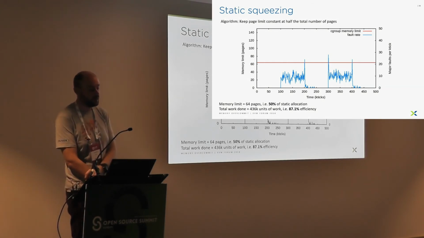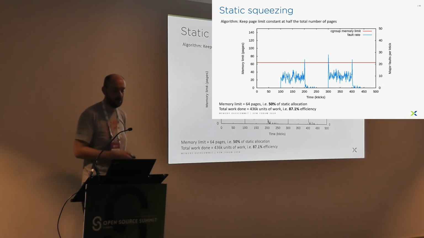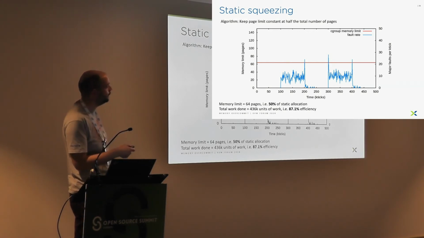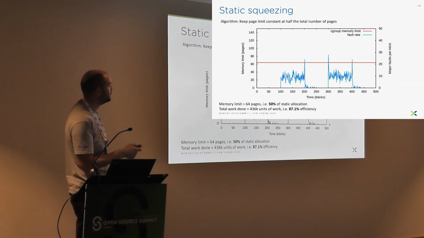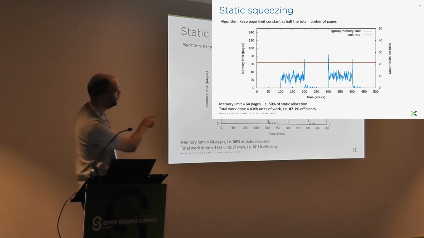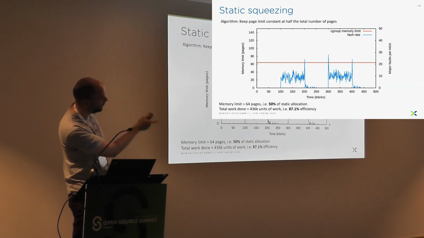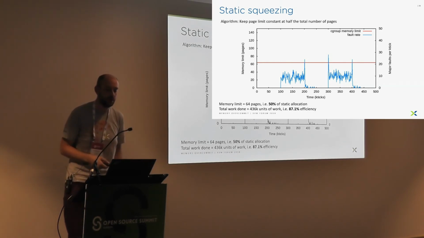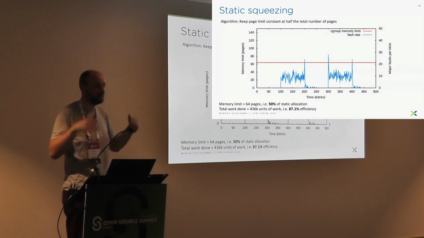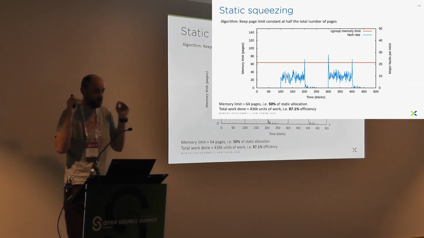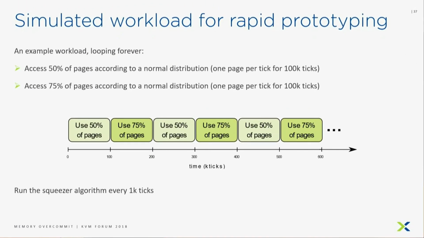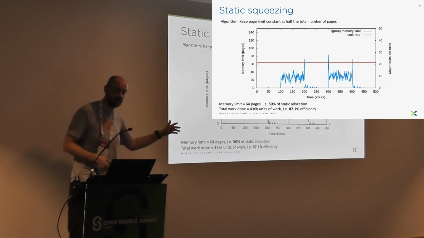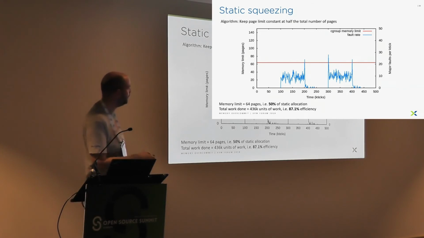So in this case, all is well for the first 100,000 ticks, but then this blue line, which is a measure of the fault rate, starts to rise after 100,000 ticks, and the fault rate is quantified by the right-hand axis. So between 100,000 and 200,000 ticks, this memory limit of 64 pages was just too tight for this workload. We're now in this second period where 75% of pages are being used. And then it gets a bit happier again between 200 and 300,000.